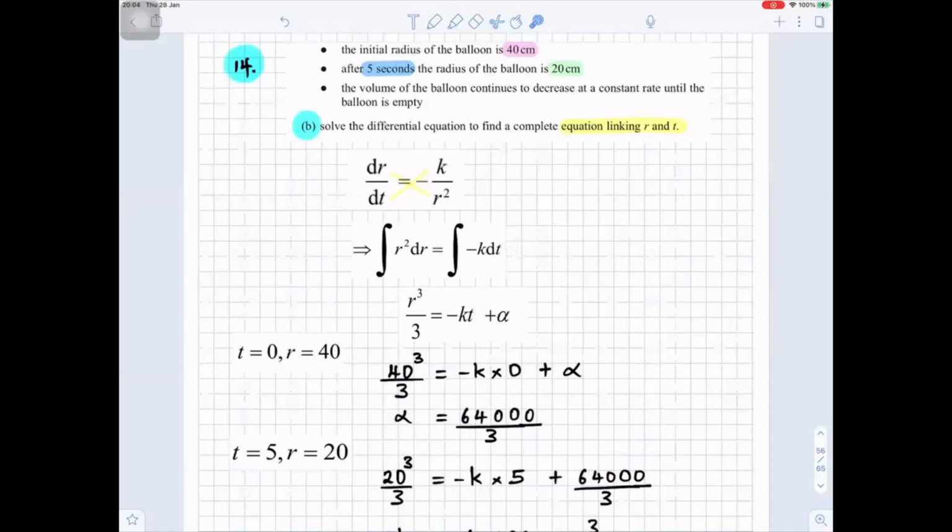That's why t is 0. So we substitute t is 0 in there and 40 there. We get minus k times 0 is 0. So alpha would be 40 cubed over 3, which is 64,000 over 3. After that, we substitute t equals 5 and r equals 20.